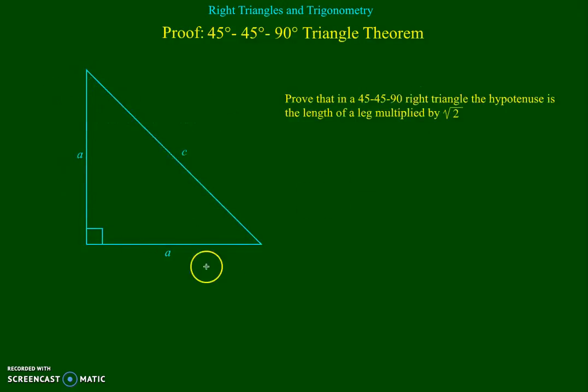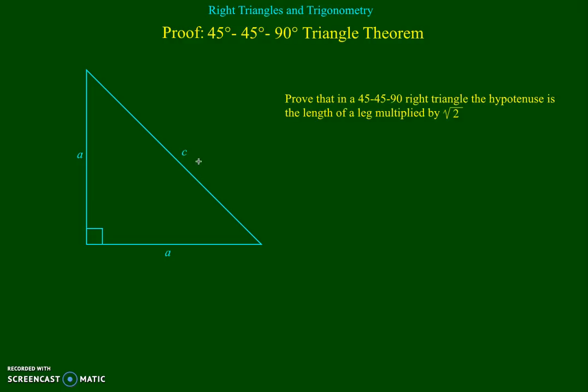Now here we have a right triangle. We know that this is a 45-45-90 right triangle because each of the legs is labeled A. That means they're congruent, so this is A and this is A. We need to prove that the hypotenuse is a leg multiplied by the square root of 2. So we're going to apply the Pythagorean theorem.